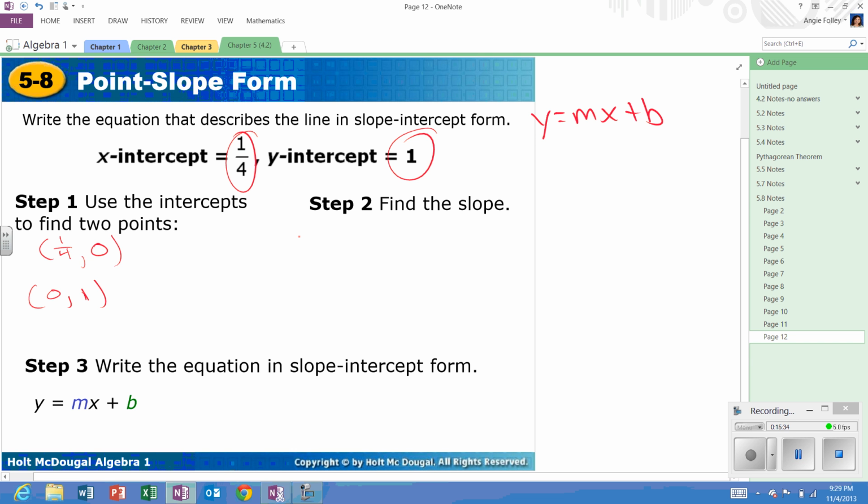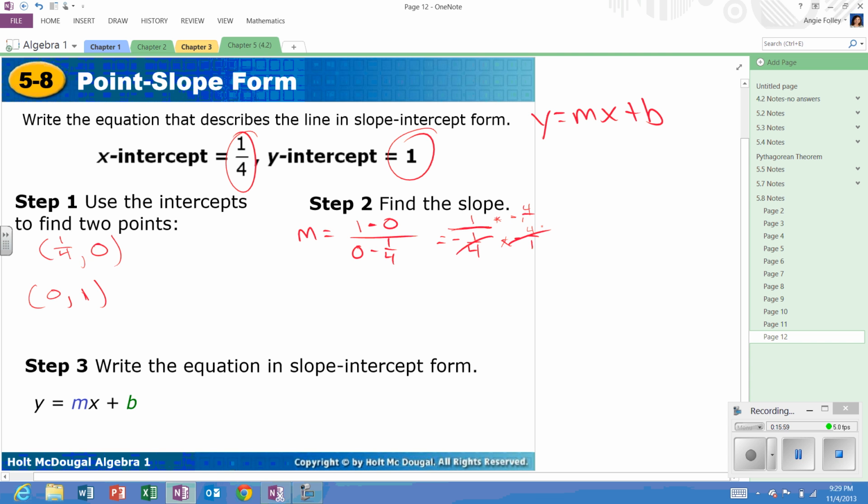Now we're going to plug those into our slope formula. So I'm going to use 1 minus 0 over 0 minus 1/4. That comes out to 1 over negative 1/4. Now to get rid of dividing by a fraction, remember we just multiply by the reciprocal. So I'm going to multiply by negative 4 over 1.